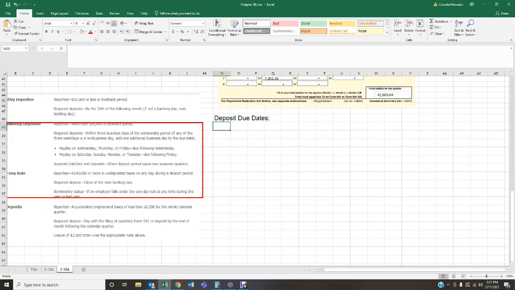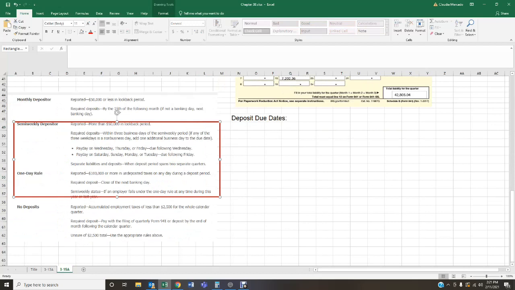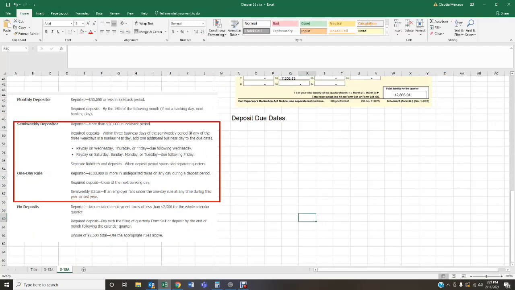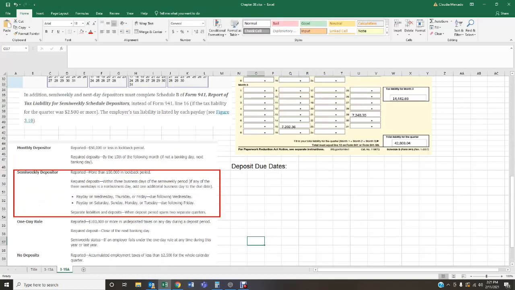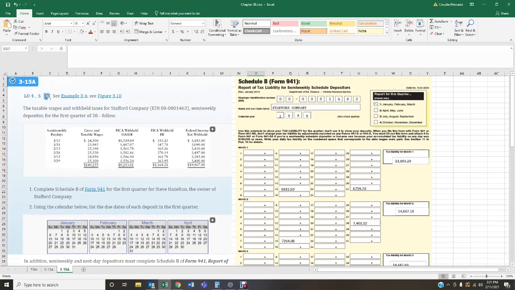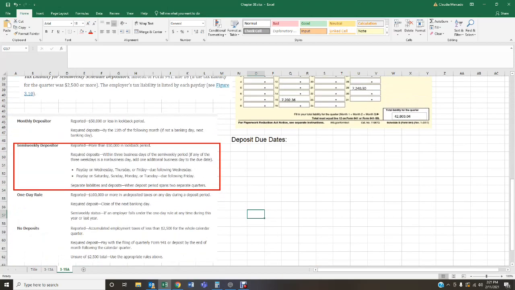There are some rules that we need to follow. These are coming straight out of your textbook. We are a semi-weekly depositor, so we have to look at this little table and make a determination.